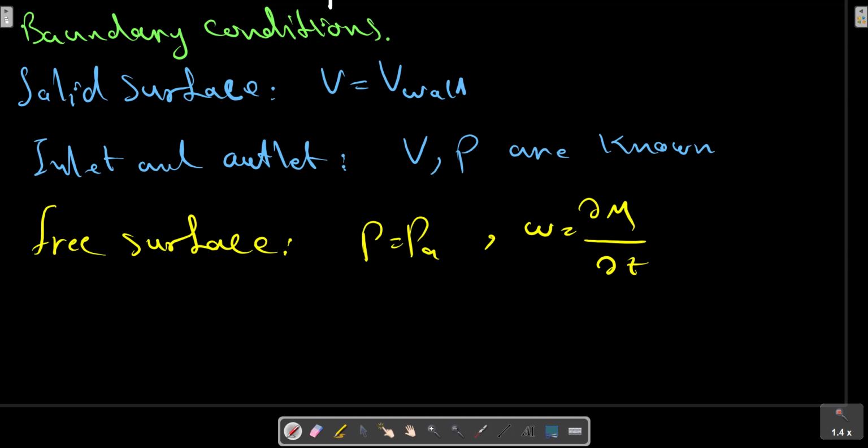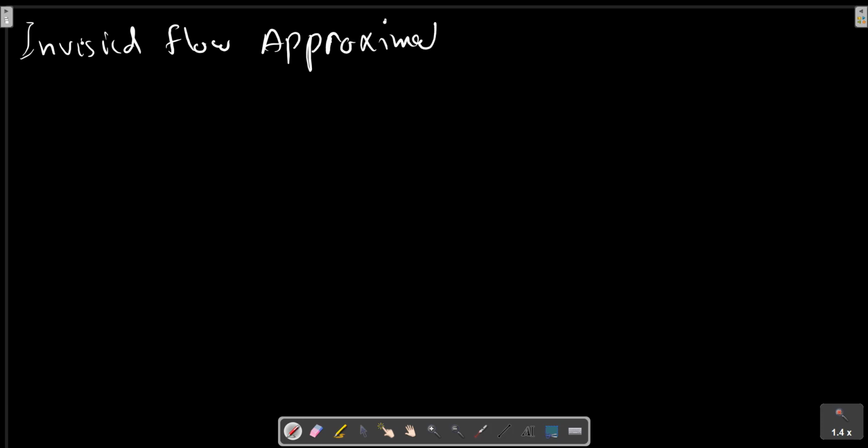Inviscid flow approximation also has a subsection in this chapter. Inviscid flow. In the later chapter, we assume inviscid flow throughout, for which the viscosity mu equals to 0.